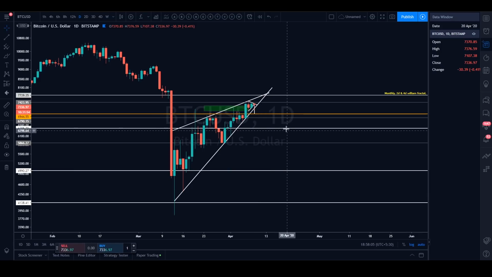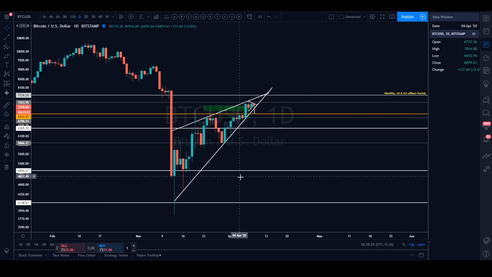4,988. However, there are still lines of support underneath us that we need to take out first. So you'll always have to watch out for how price reacts to those lines of support. Like I said, these are major lines, so they are important. If we break this, we come down here. If we break this, we come down here.